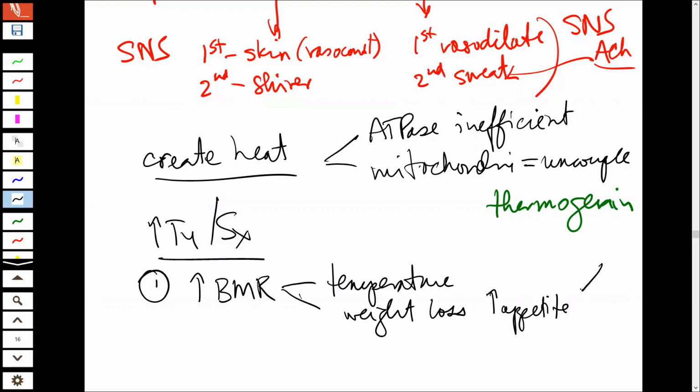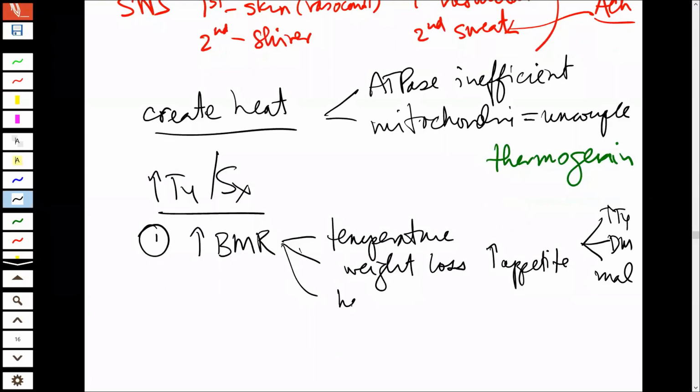There's only 3 conditions that give you that. Hyperthyroid, diabetes mellitus, because you can't use your sugar, and malabsorption. Okay? And then you get the other subtle changes of things like hair changes and skin changes that are smooth.